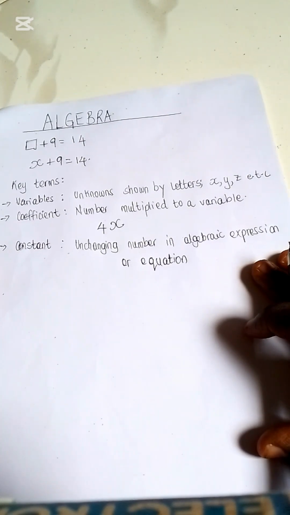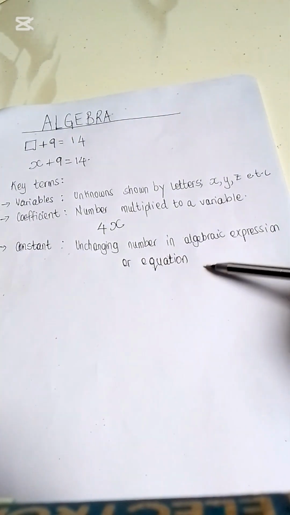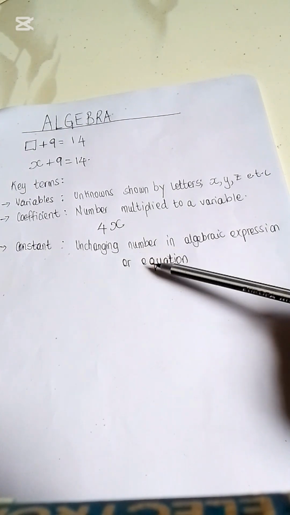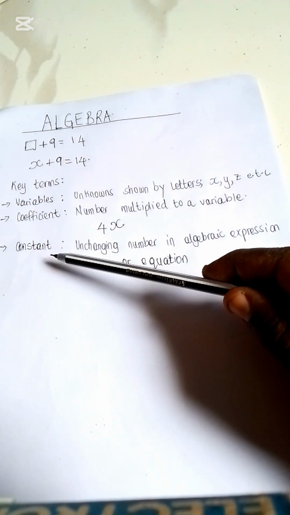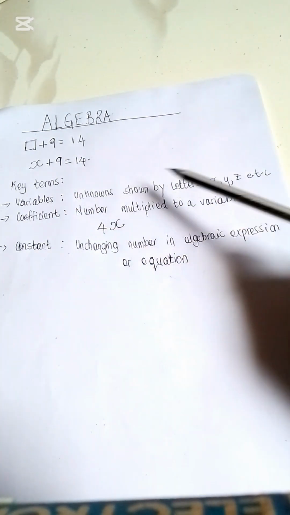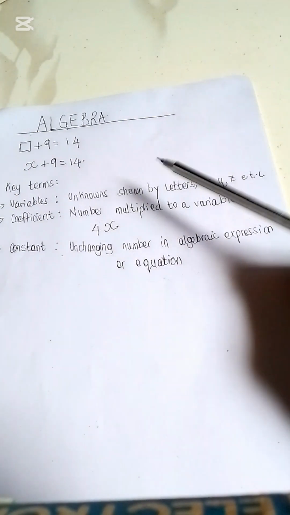The third term, which we normally see, is constant. A constant is the unchanging number in an algebraic expression or equation. I think you've probably guessed that constant is the opposite of a variable. If variables are the unknowns, the letters x, y, z, then constants are everything apart from these variables.